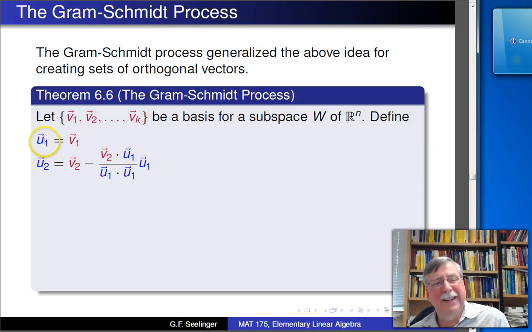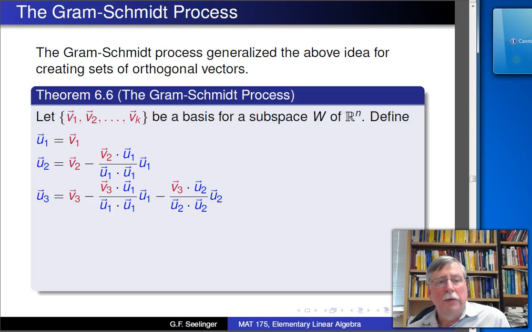So I say, all right, U1, let's get a starting point. Make that V1. For U2, I want to project my second basis element onto U1 and then subtract it so I get something orthogonal to U1. So I take V2 and subtract the projection of V2 onto the previous one.